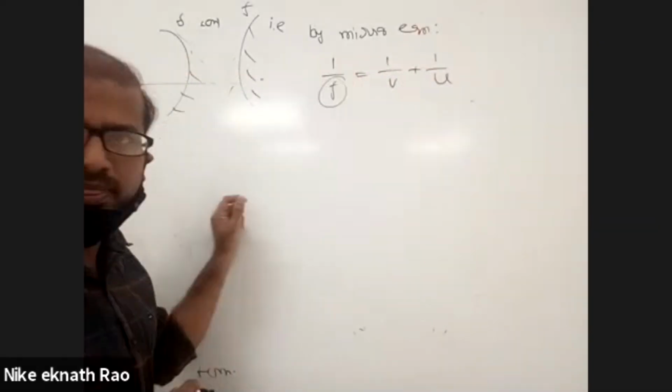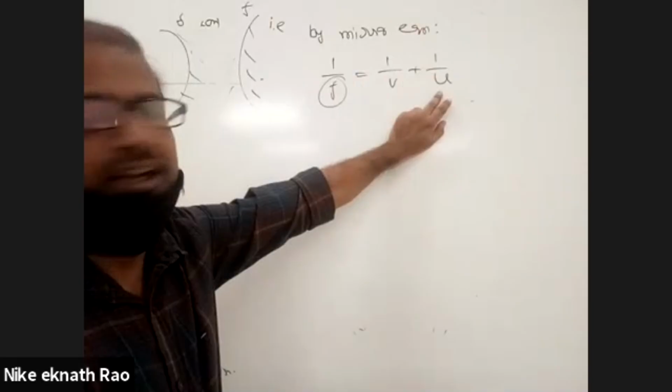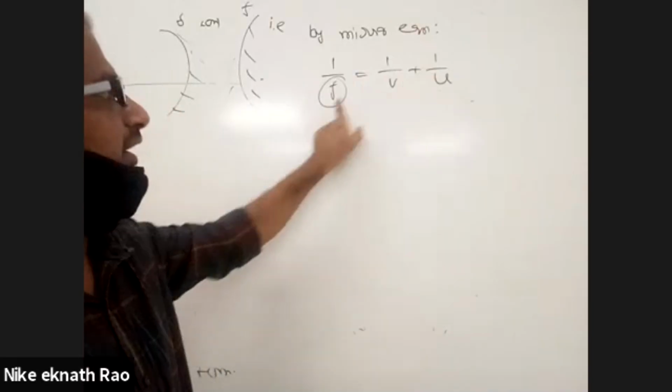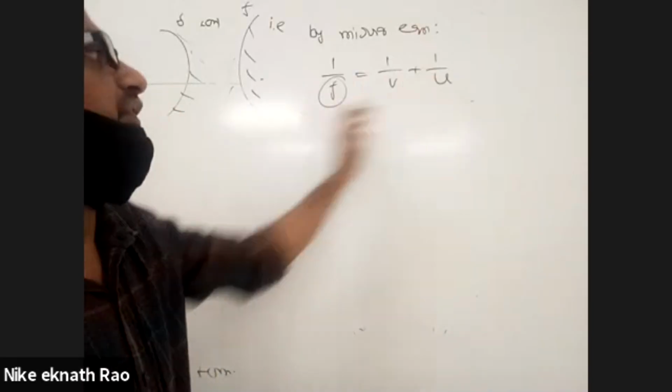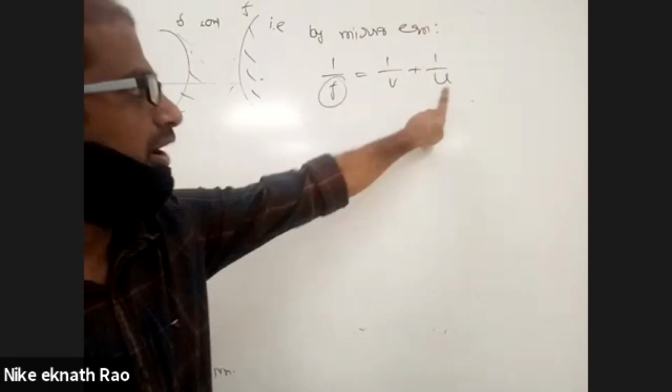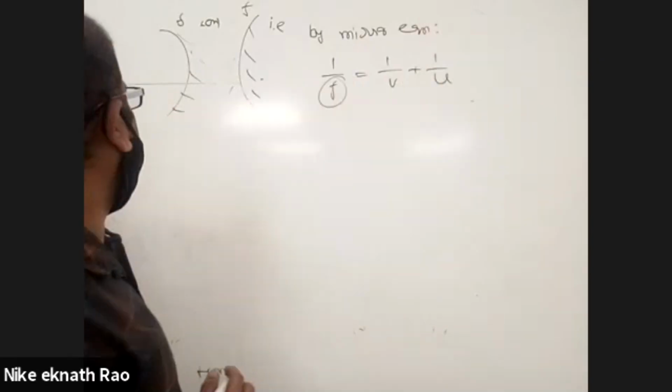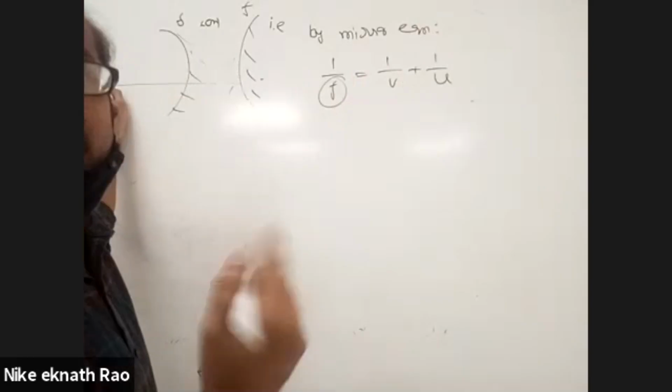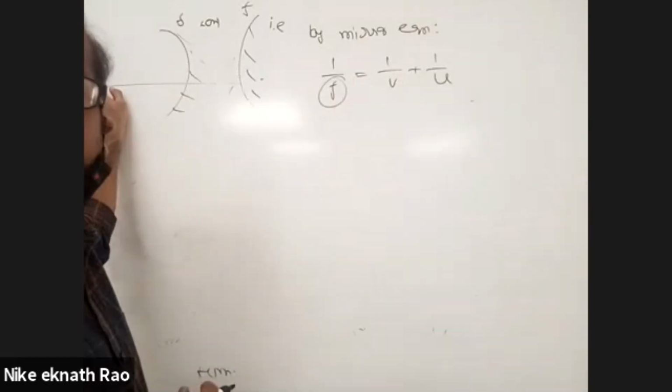It's always constant. u is changing, so definitely v will change so that f remains the same. Here v naught means in 1 second, distance traveled is v naught.